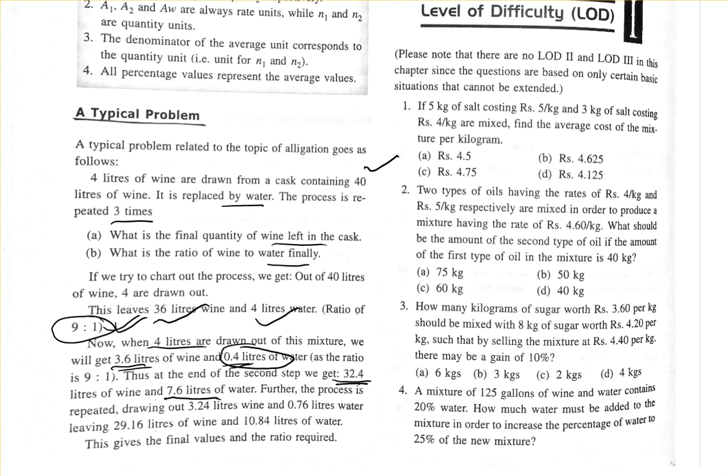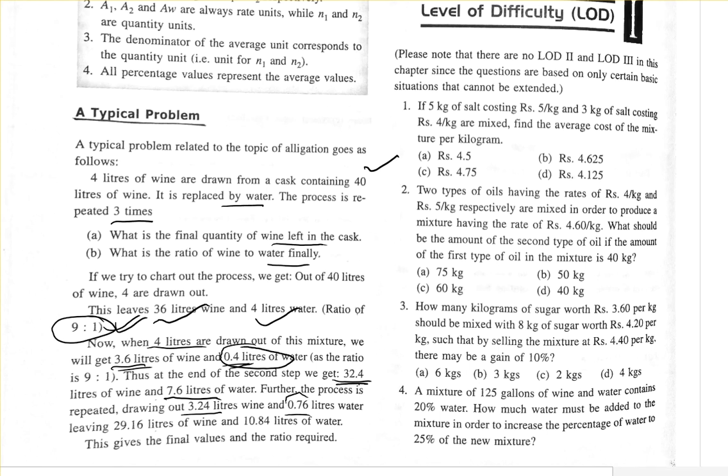Further, the process is repeated, drawing this mixture, and because now the ratio will change, it is not 9:1 again. The ratio is now 32.4 to 7.6. So when you withdraw, it is 3.24 liters of wine and 0.76 liters of water.